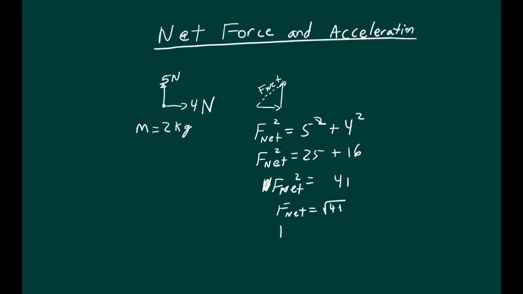So the square root of 41 is 6.4 newtons. And of course, since it is a vector, we should probably find the angle, which is the inverse tangent of 5 over 4. Of course, make sure your calculator is in degrees.